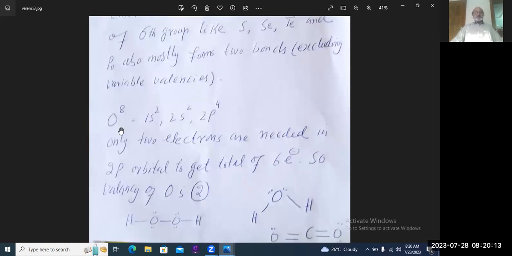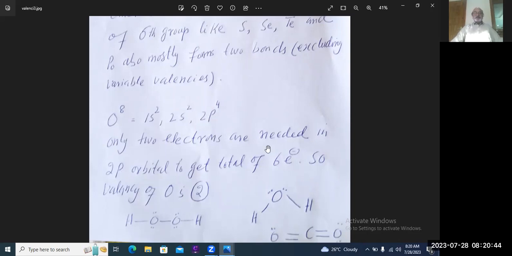So the electronic configuration of oxygen is here. This is 1s2, the first shell. And in the second shell, we have two orbitals, 2s and 2p. The second shell, that is the outermost shell or the valence shell, comprising 2s and 2p, has 6 electrons.